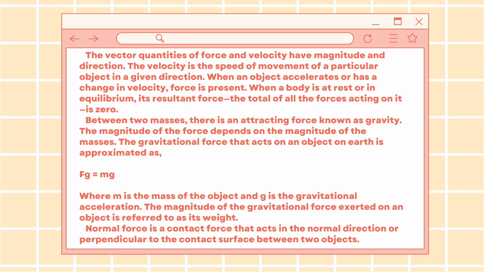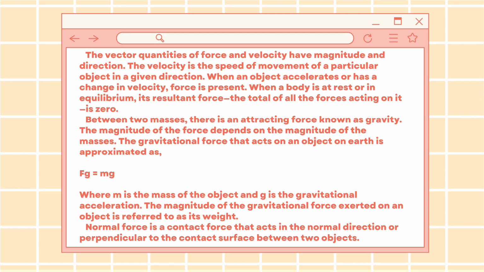The gravitational force that acts on an object on Earth is approximated as F gravity equals mg, where m is the mass of the object and g is the gravitational acceleration. The magnitude of the gravitational force exerted on an object is referred to as its weight. Normal force is a contact force that acts in the normal direction, perpendicular to the contact surface between two objects.